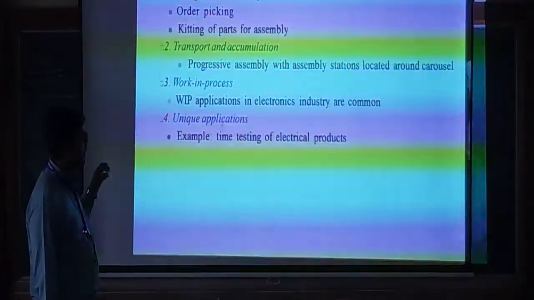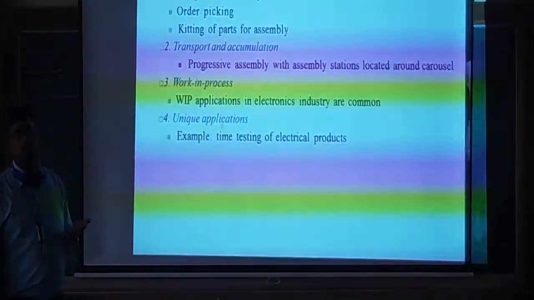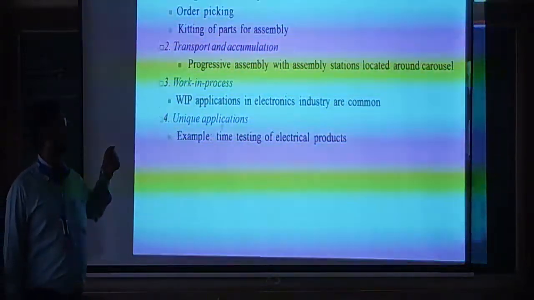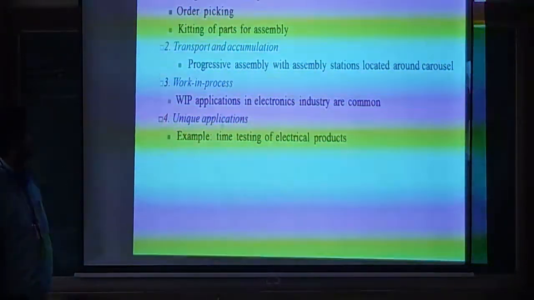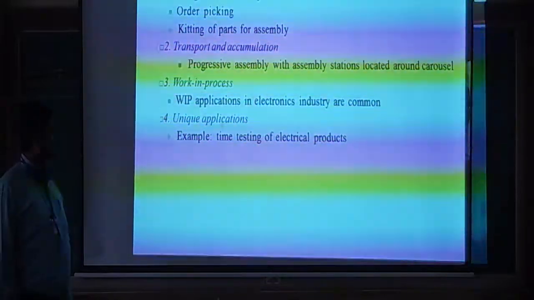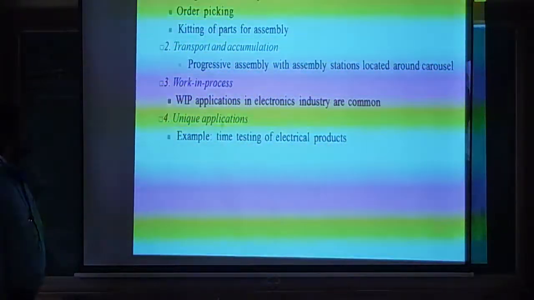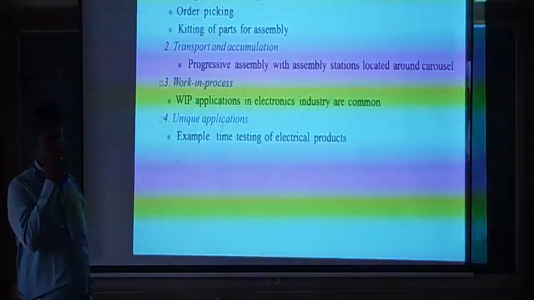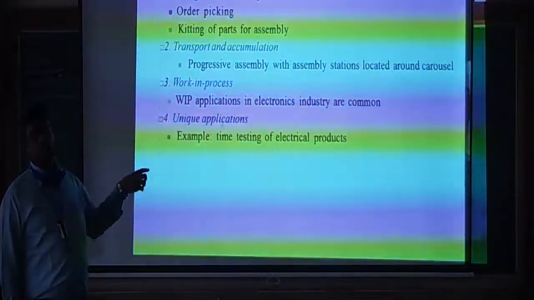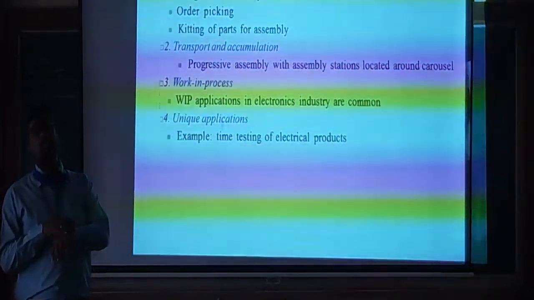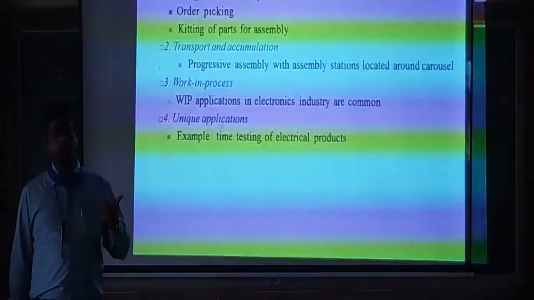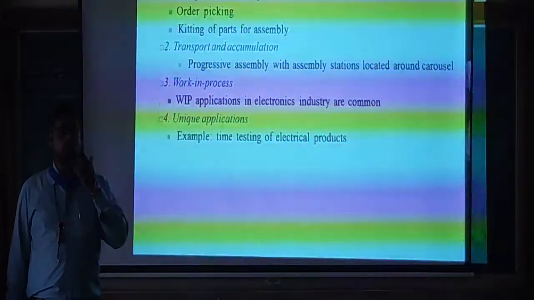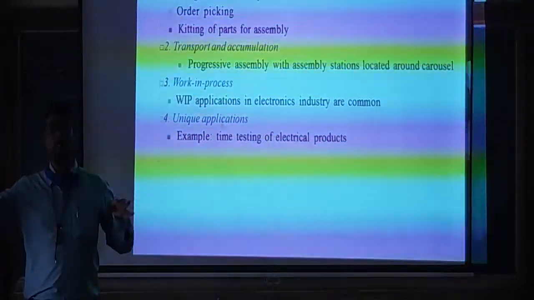Work in process applications in the electronics industry are common, like mobile phone assembly stations. This type of carousel is used for work in process, or WIP, operations. Even in the electronics industry, like mobile phones or smartwatches, how do they assemble all the parts?